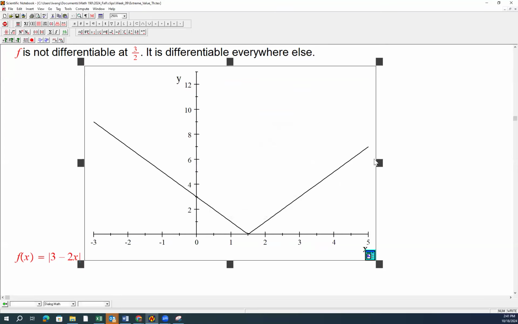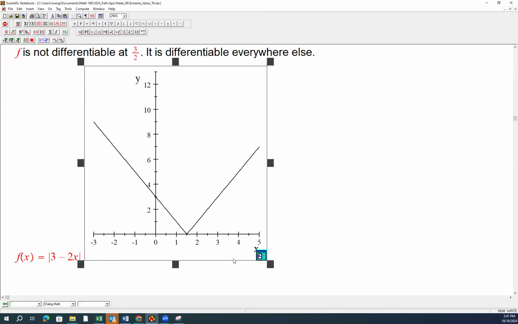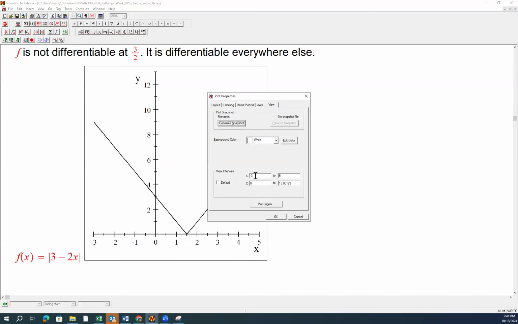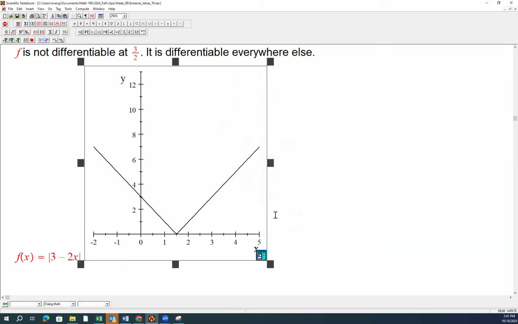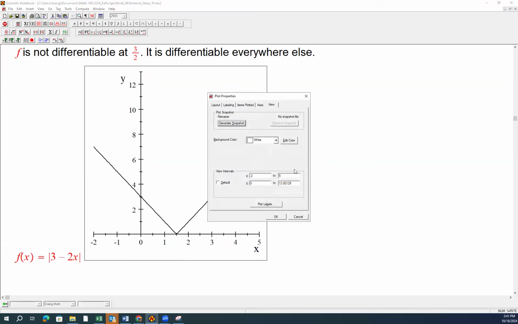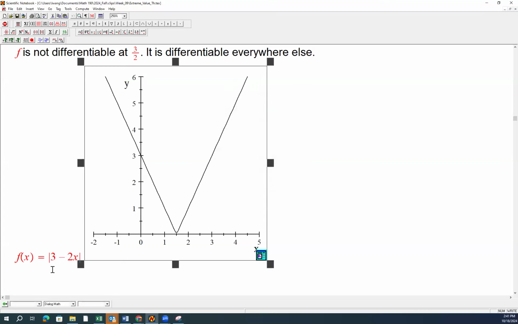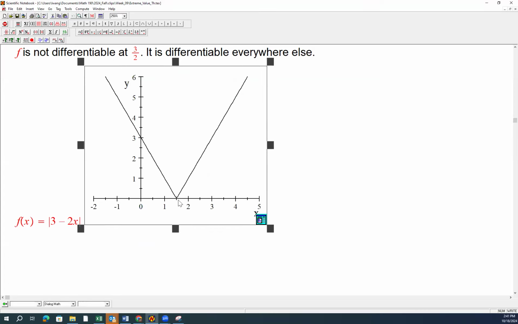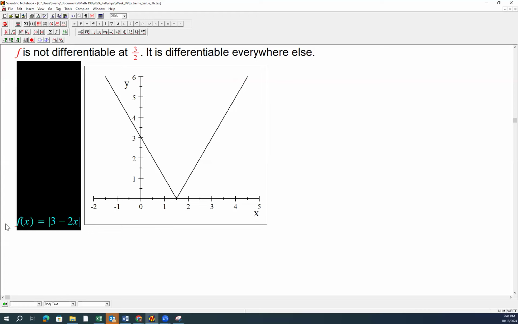Okay, so -2, maybe it's better. And as high as 6. So this curve, and the point here is 3/2. Okay, so that's the function.